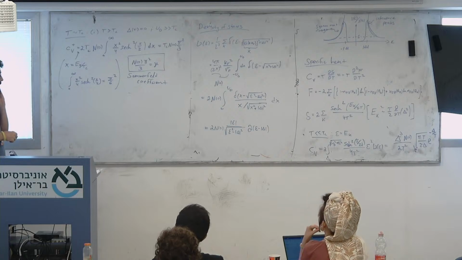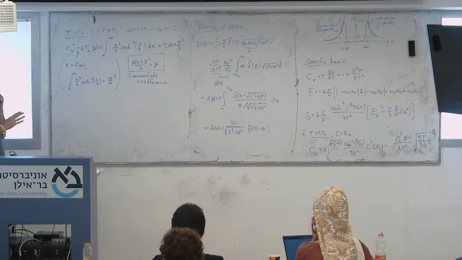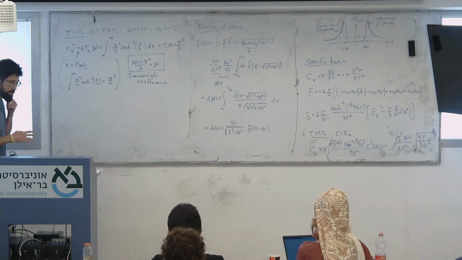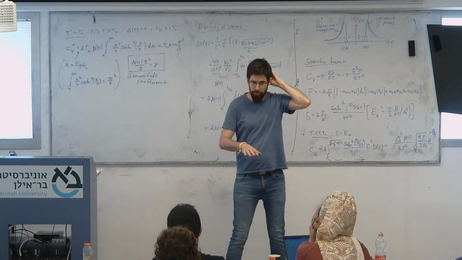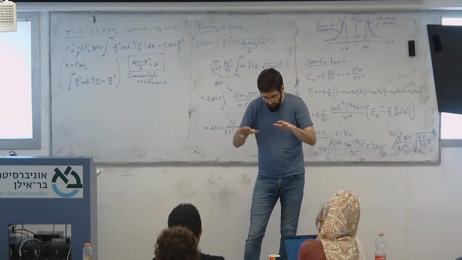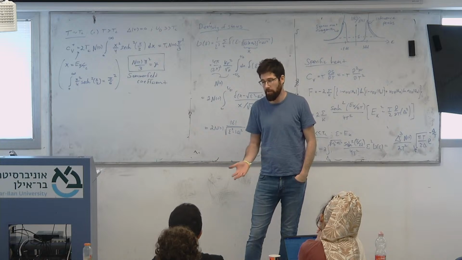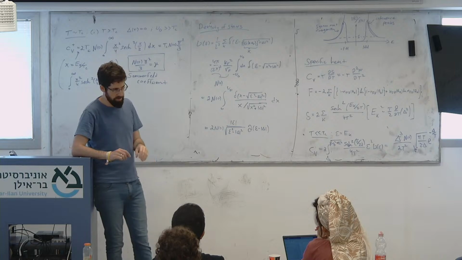But I should point out that the only thing you really need to get a linear in T specific heat is that the density of states is constant at low energy. The Fermi surface gives you that because even when you freeze it, it's not like a boson system where you just lose all the bosons or something. You have a gap or something like that. And I'll talk about bosons in a second.